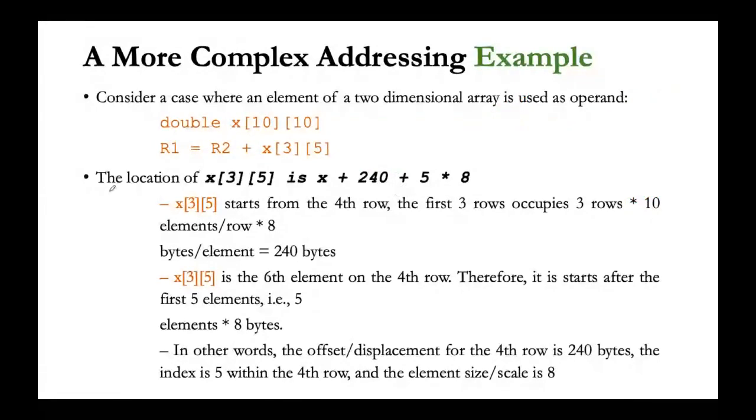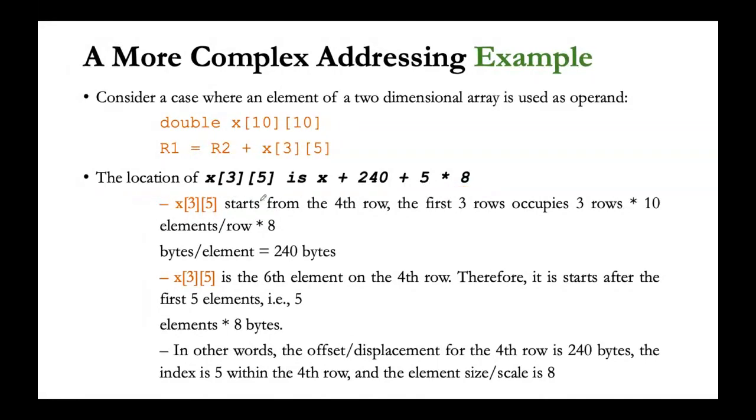As we know, the location of the array element is calculated first. This is calculated as the base address from where it started, the base address plus 240 plus your fifth element with 8 bytes. How?